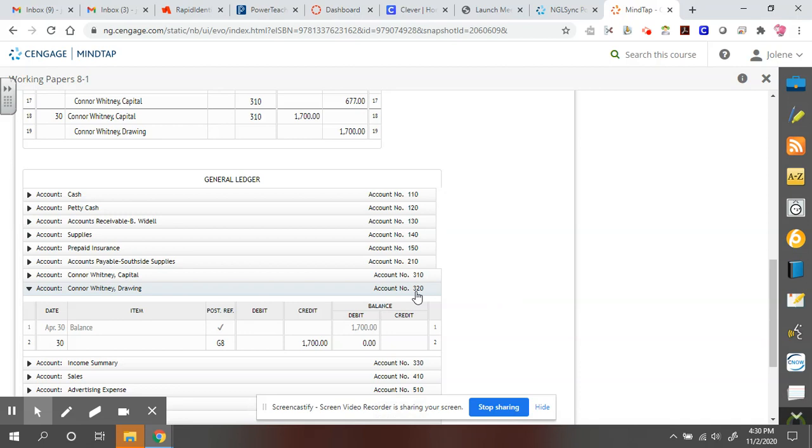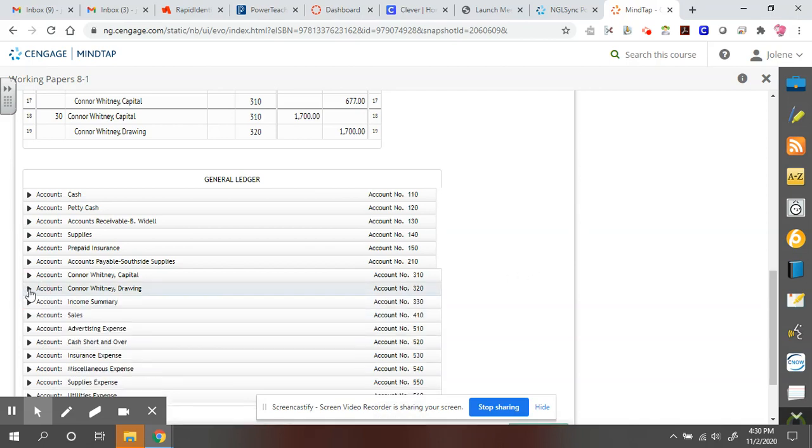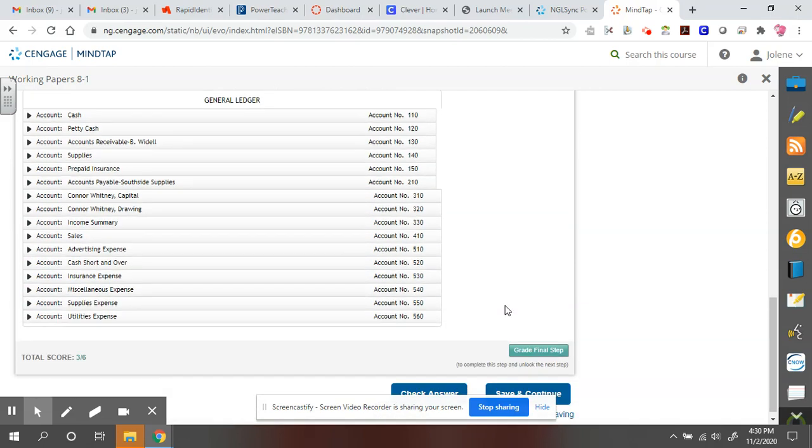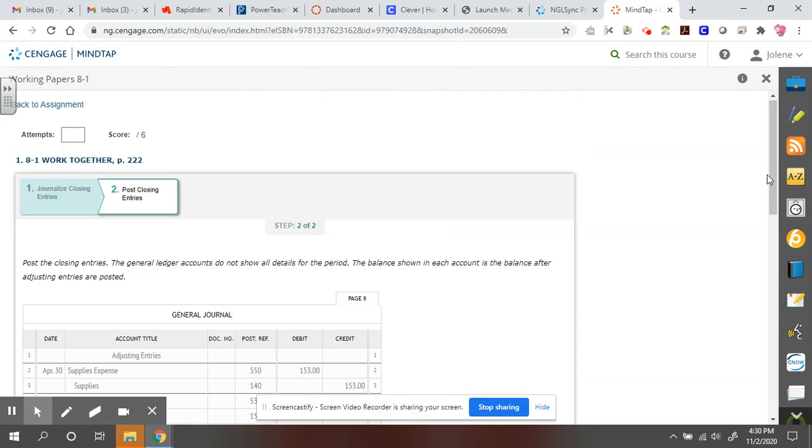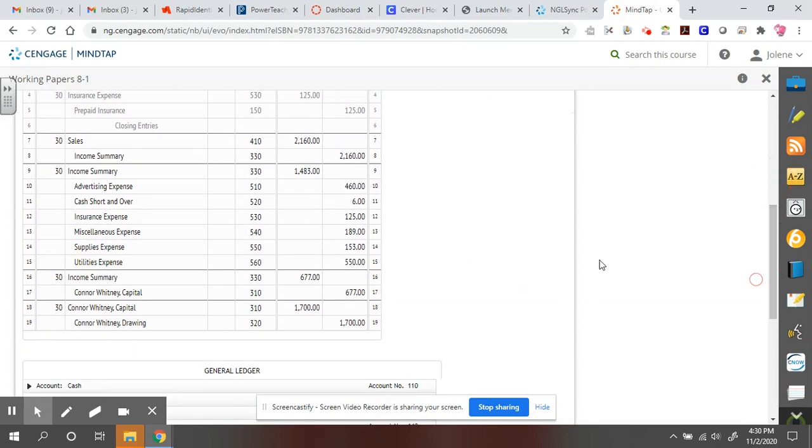And then we take our account number 320, and we post that to show that we have posted that balance. Okay. So now we have posted all of these to all of these accounts.